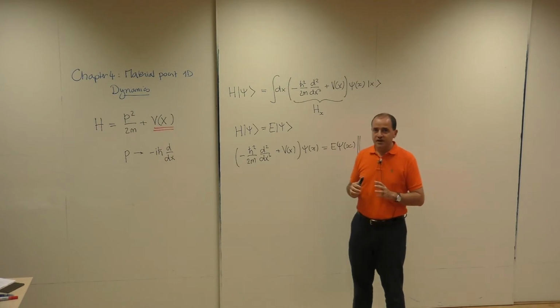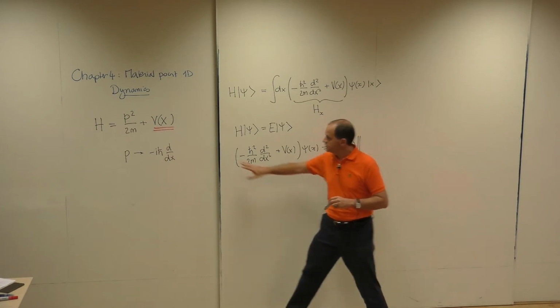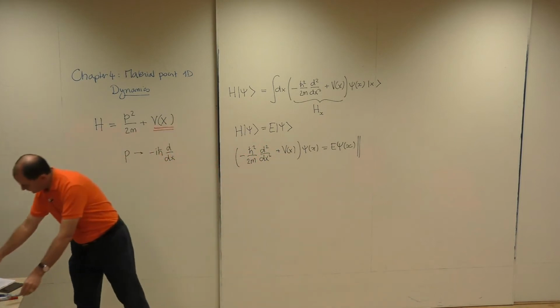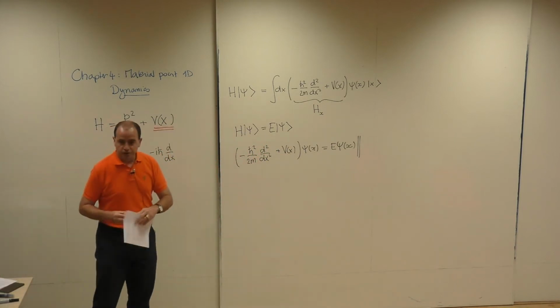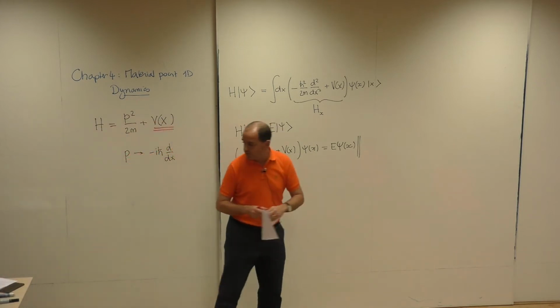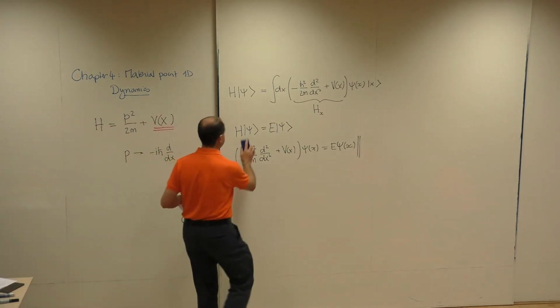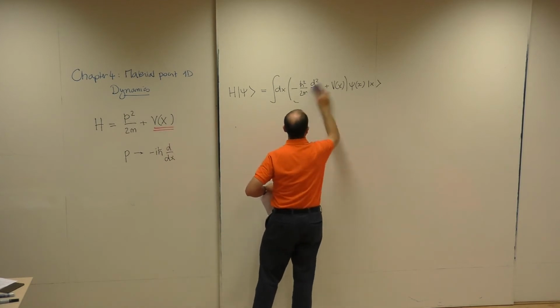Now, first I will give you two generic results on the dynamics, and later we are going to start studying some specific examples of potentials. The first generic topic that I want to deal with, maybe I should erase something, is what is called the continuity equation.